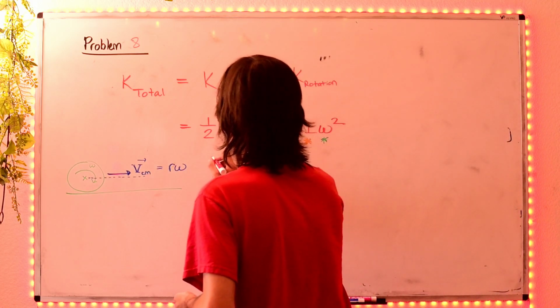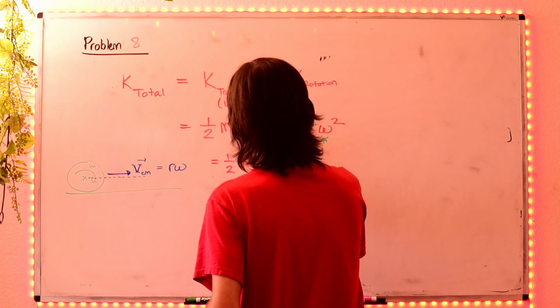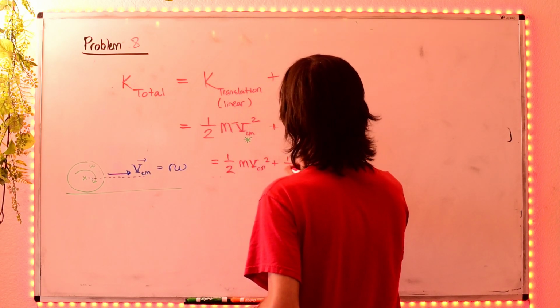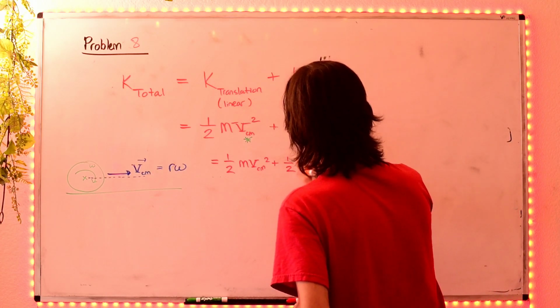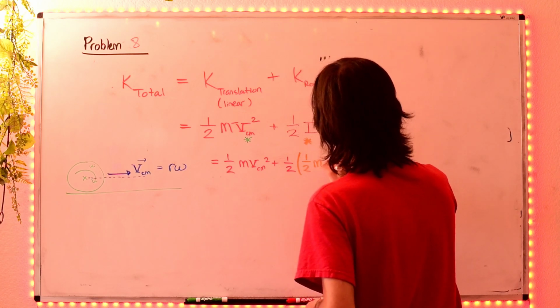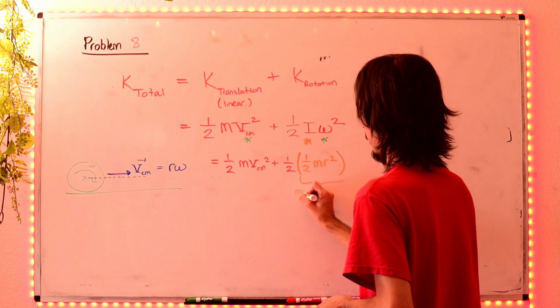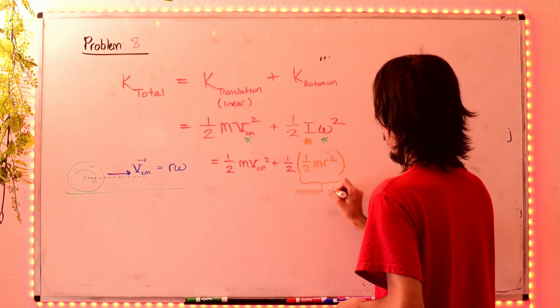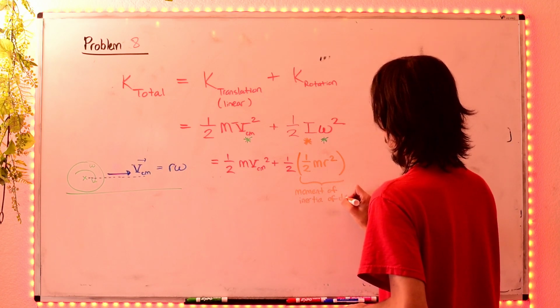So let's write this out. We have equals 1/2 m v center of mass squared plus 1/2. We're going to substitute the moment of inertia to be 1/2 mr squared for the disk. So that's the moment of inertia of a disk.